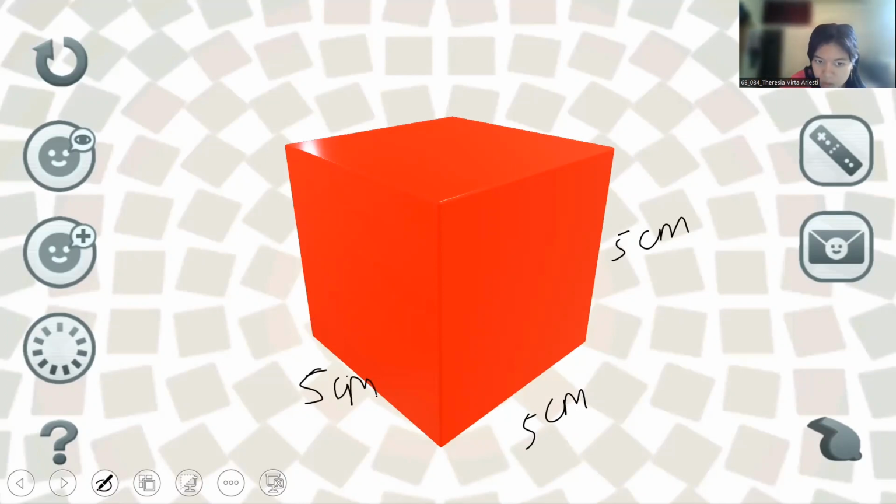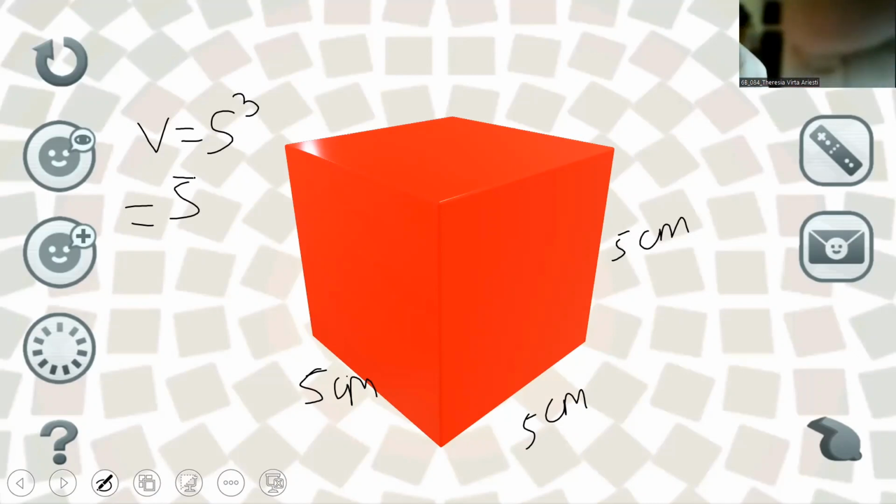And how do we count the volume of the cube? We can use this formula. The cube formula is s cubed, or s cross s cross s. So the side is 5 centimeters, so we can multiply 5 three times.